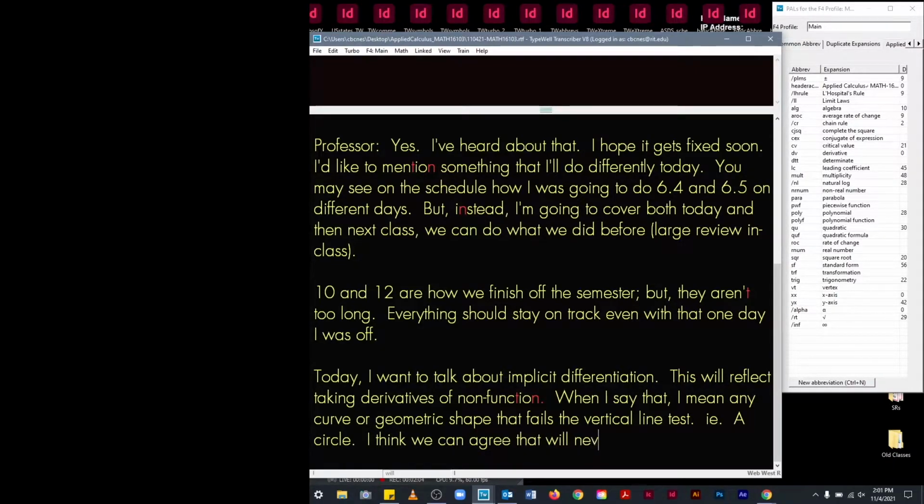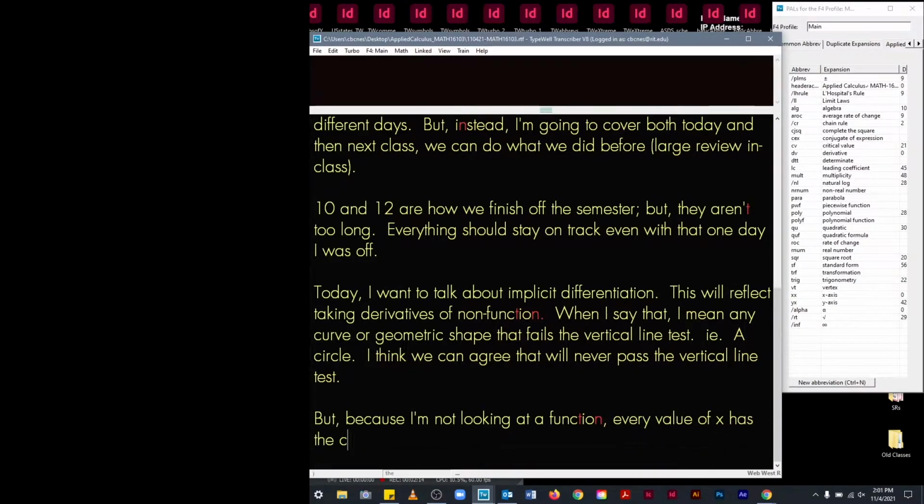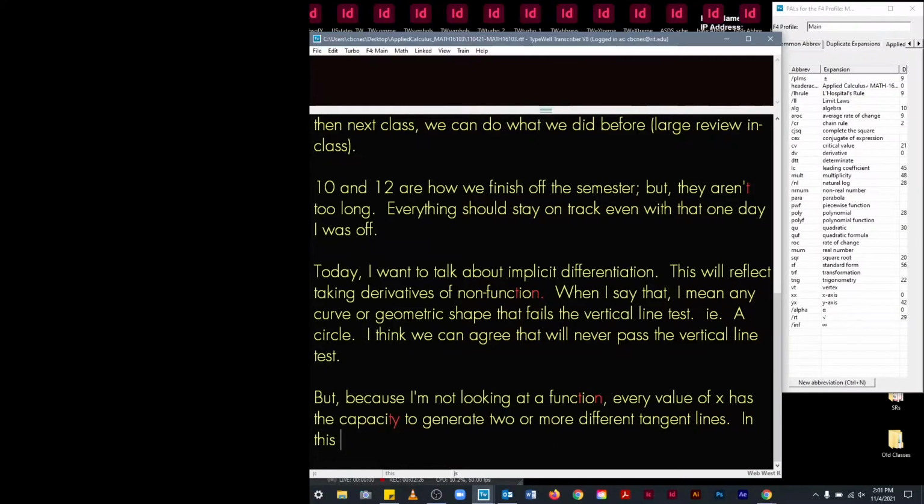Now, because I'm not looking at a function, every value of x has the capacity to generate 2 or more different tangent lines. In this case, one tangent line in the first quadrant would have a negative slope. A tangent line in the fourth quadrant would have a positive slope.